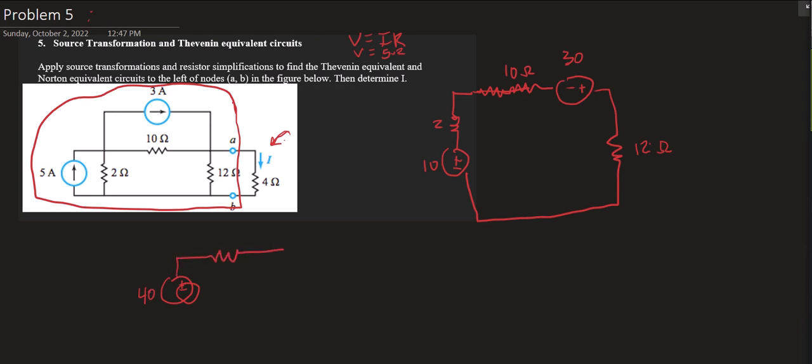And our resistors will add together to be 12. And the part we're looking for is over here.